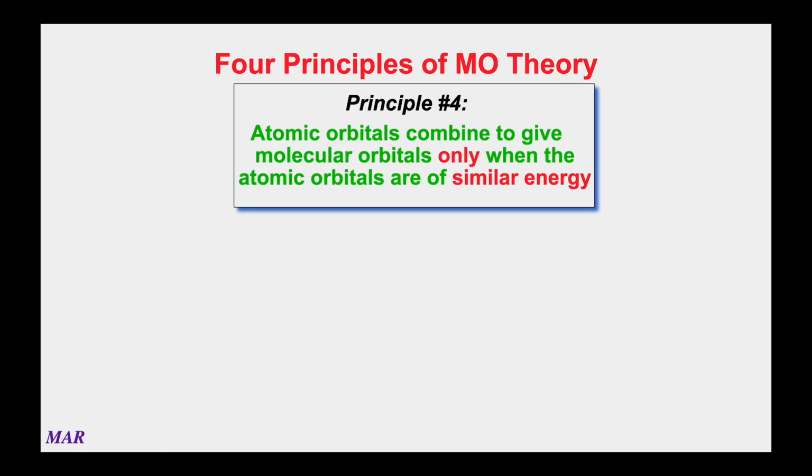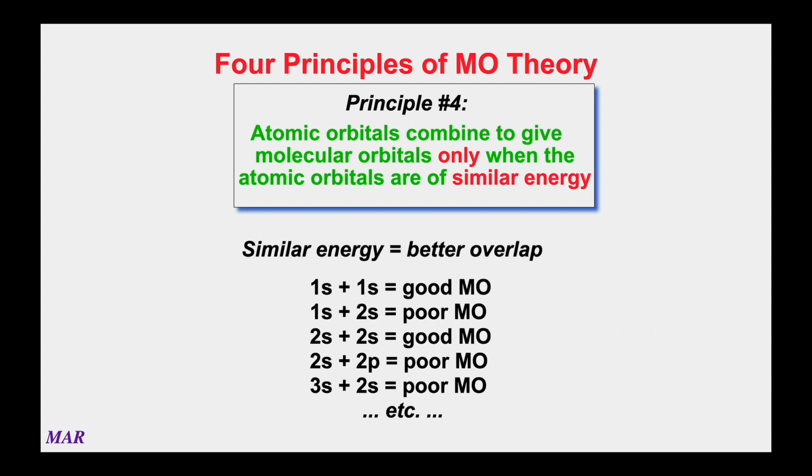The fourth principle of molecular orbital theory says that atomic orbitals will combine to give molecular orbitals only when the atomic orbitals are of similar energy. And this is where we'll start to realize why we can only kind of do diatomics with lower atomic number. Similar energy means better overlap.